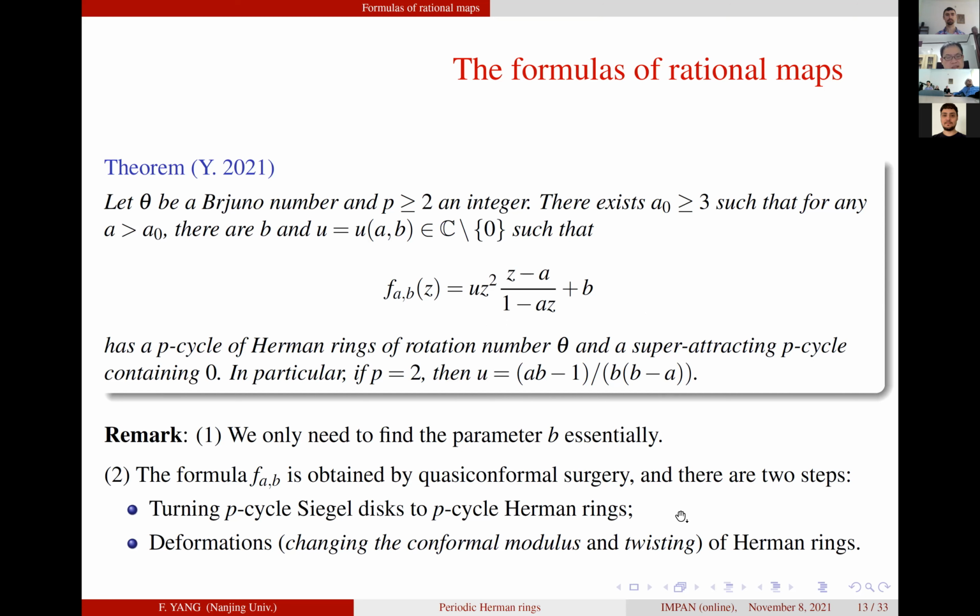And the second one is deformations of Herman rings, and the deformation includes changing the conformal modulus and twisting the Herman ring. Twisting means that we can change the relative position of the two boundary components of the Herman ring.